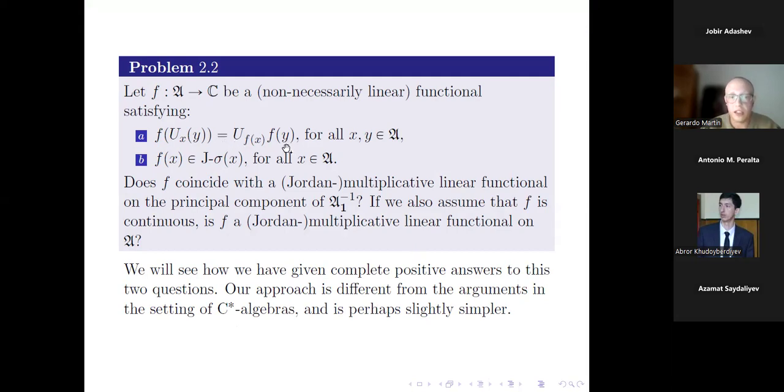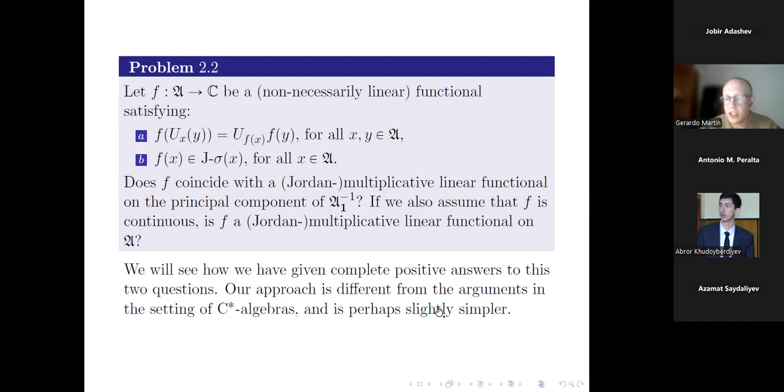When it satisfies this property and f of x is Jordan spectrum-valued, we wonder if we will find a linear map that is equal to the map f on the principal component of this Jordan algebra. And also, if we assume that f is continuous, we wonder if f is going to be a Jordan multiplicative linear functional on A.